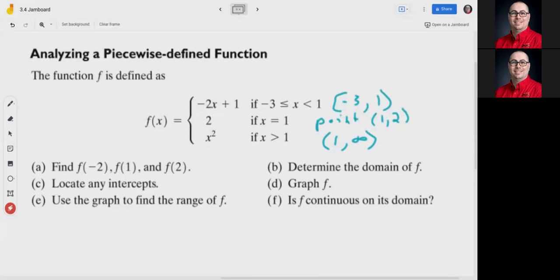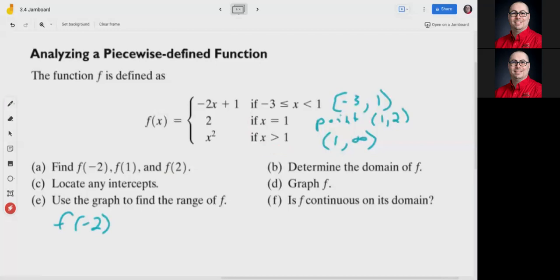So let's go ahead and work on part A. For part A, they want us to find f of -2, f of 1, and f of 2. So for f of -2, what we need to do first is determine which piece we will use when x is -2. We need to go through all these 3 intervals and figure out which one -2 is in.